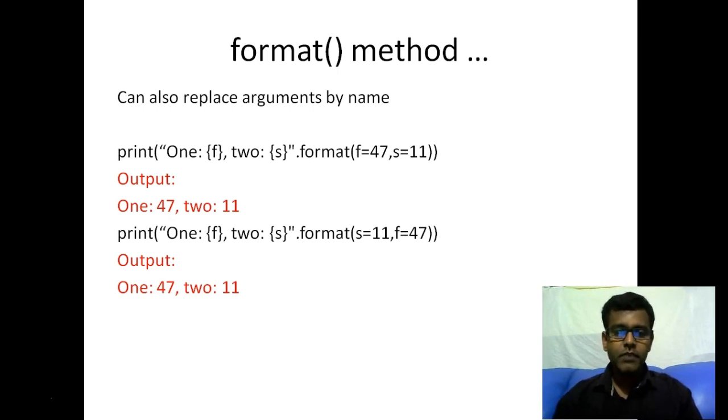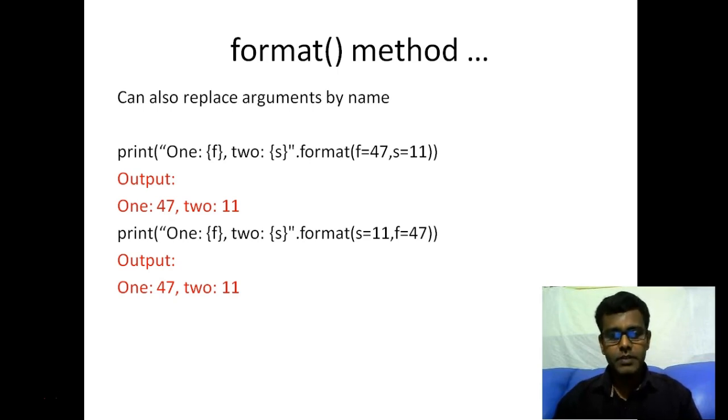So here I have 1 colon, I have a name called F, and 2 colon, I have a name called S. So dot format of F equal to 47 and S equal to 11. So automatically F value will be passed to the 1 and S value will be passed to the second one, that is S. So your output becomes 1 colon 47 and 2 colon 11.